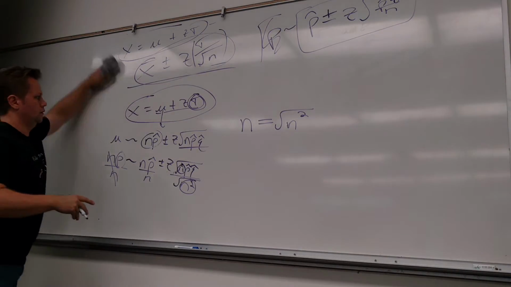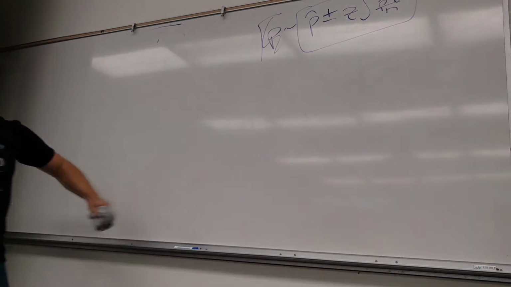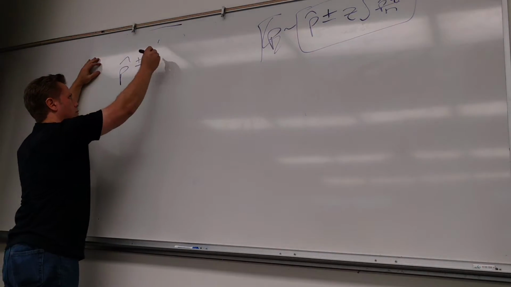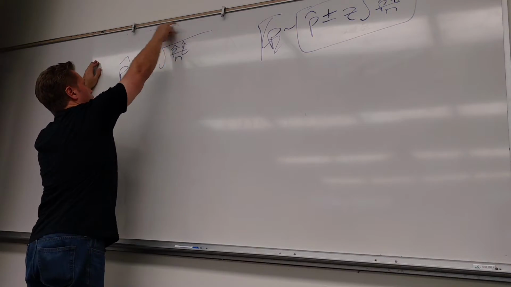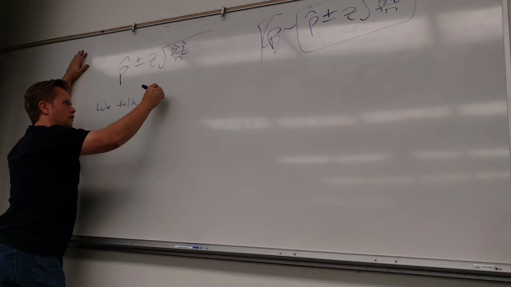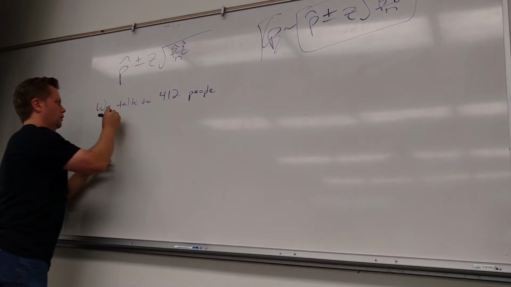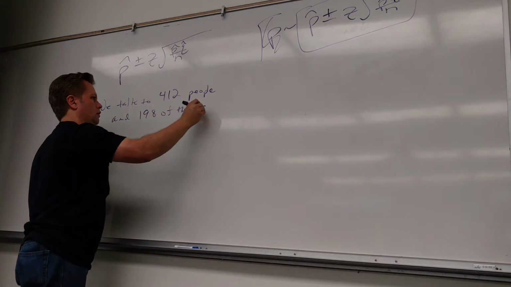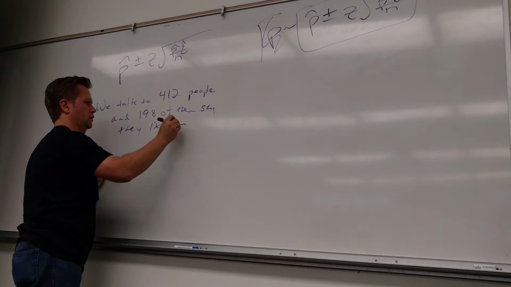All right, so here we go. What would a problem look like now? Well, now that we have that formula, that's really all we need. So let me write it again here a little prettier. Let's say we talk to 412 people, and 198 of them say they like, sure, lima beans, why not?